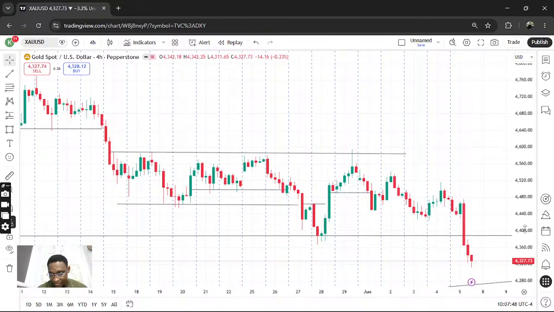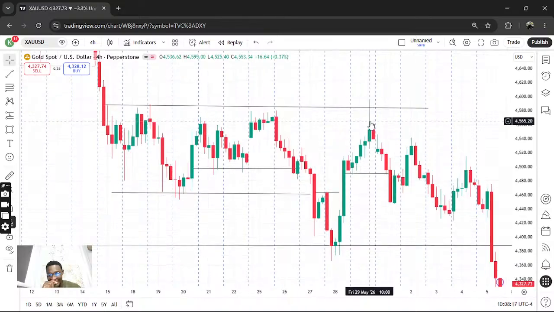What do you see here? This is the range. This is the range I was telling you about. If you can see, everything was just closing inside this range. Okay? Everything was just closing inside this range.